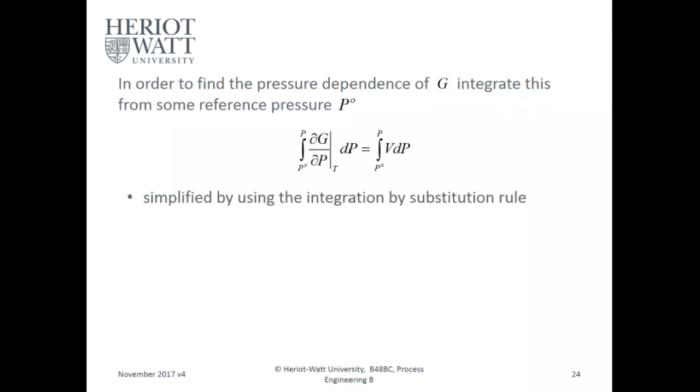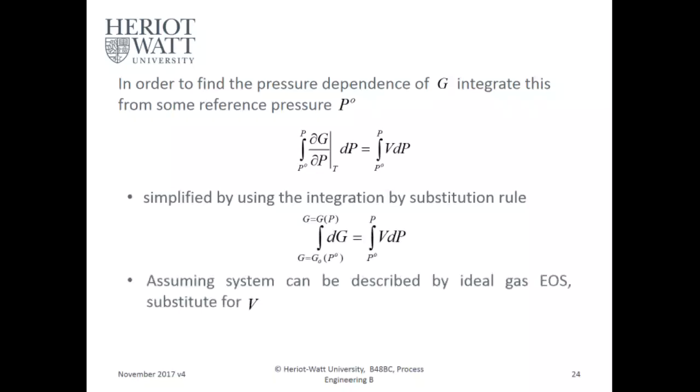Simplified by using integration by substitution, you can just integrate with respect to G. So assuming the system can be described by an ideal gas equation of state, substituting for V, you know that V equals nRT over P.